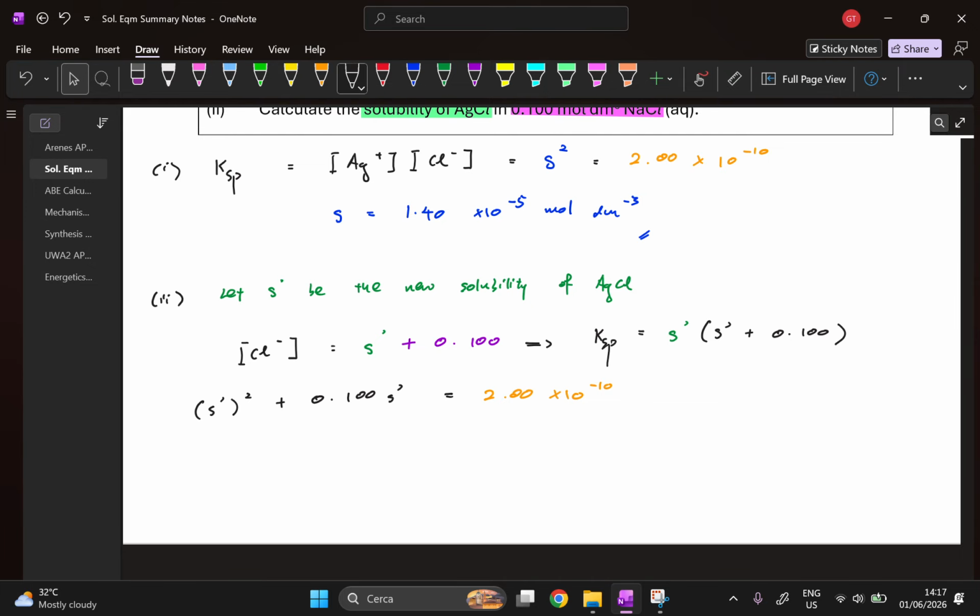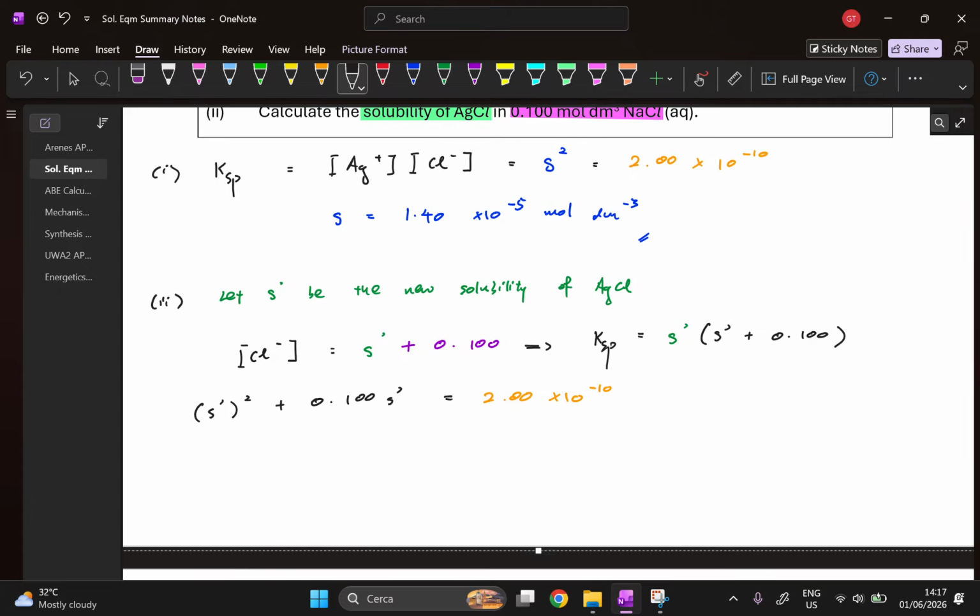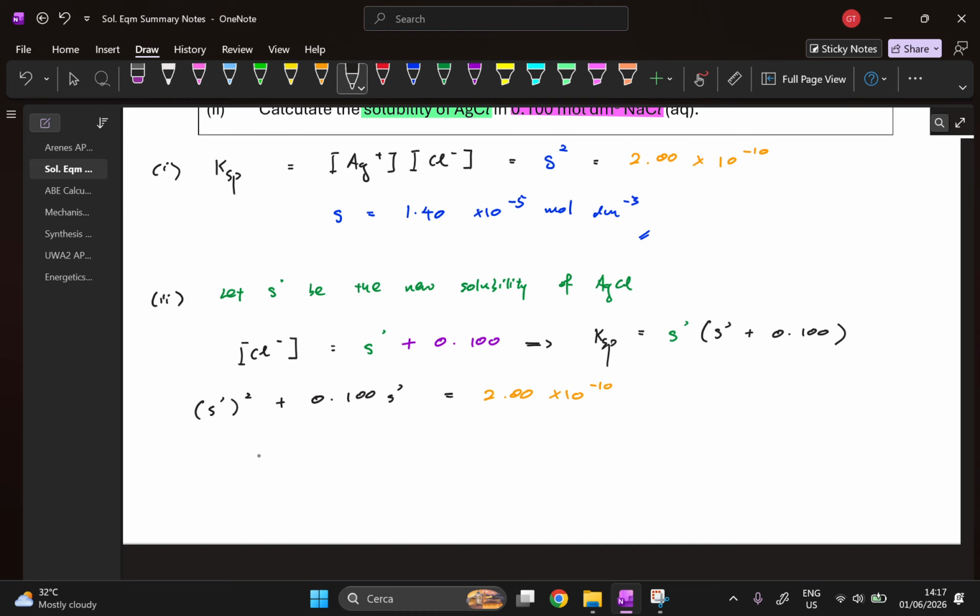They're going to ask you to assume that the concentration of S prime is much, much less than 0.100, such that it's negligible. So this means that you can approximate this expression to 0.100.